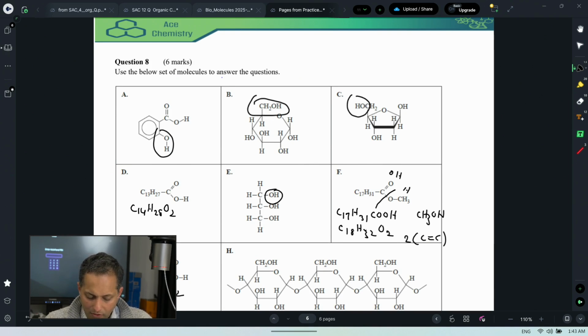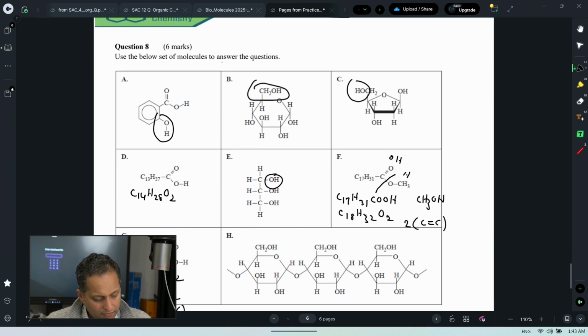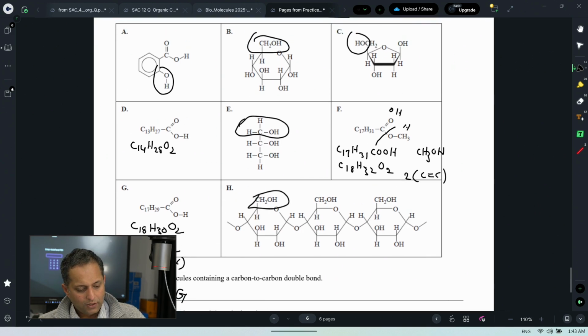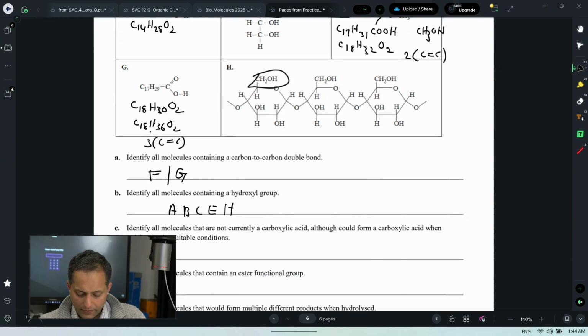Then C has got a primary alcohol, CH2OH. Then E has a primary alcohol, and H has a primary alcohol as well. So the answer is B, C, E, H.